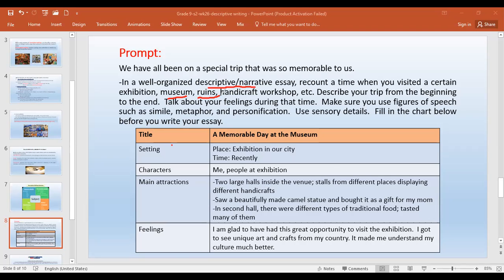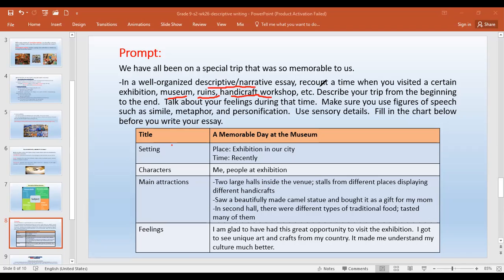Okay, ancient places, like the ruins in Tyre, the ones facing the sea, the beach, the one at Bus. Yeah, those are ruins, ancient places. Okay, or a handicraft workshop. Describe one trip. If you haven't been to any of those, you can make something up. Okay, be creative. Describe your trip.